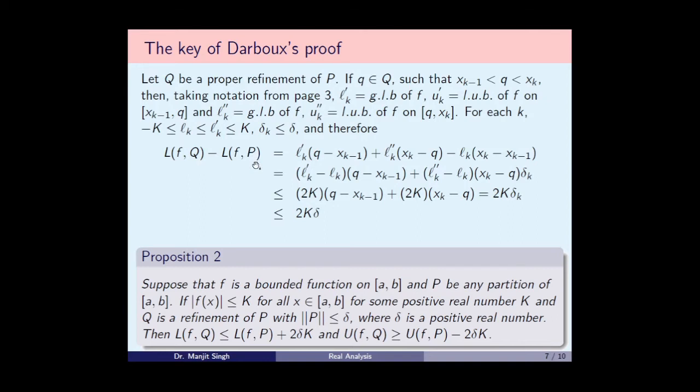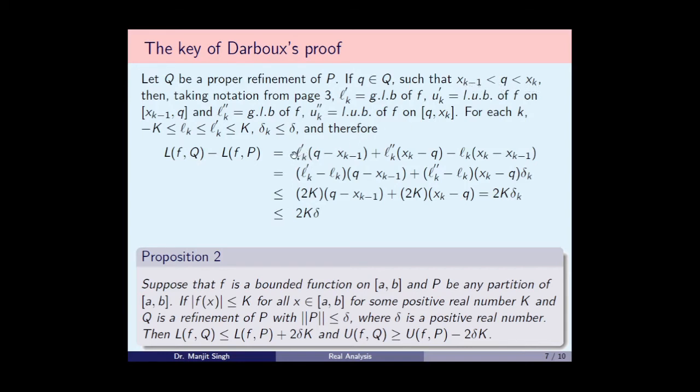We are considering only one new point here. So the rest of the subintervals will give the same number, l_k delta_k, except this subinterval [x_{k-1}, x_k].